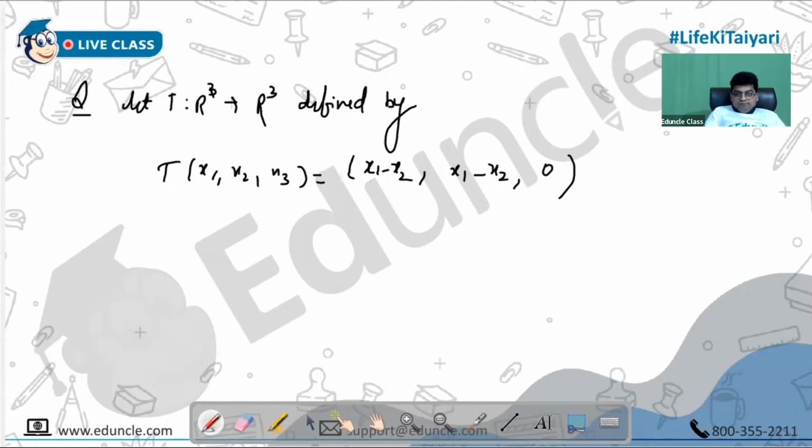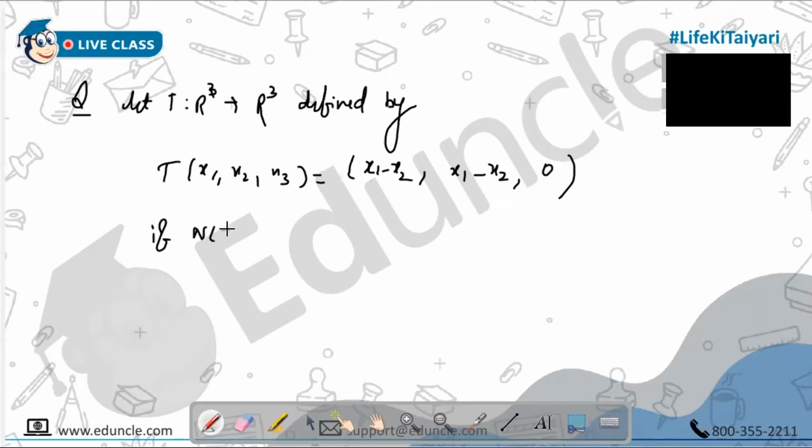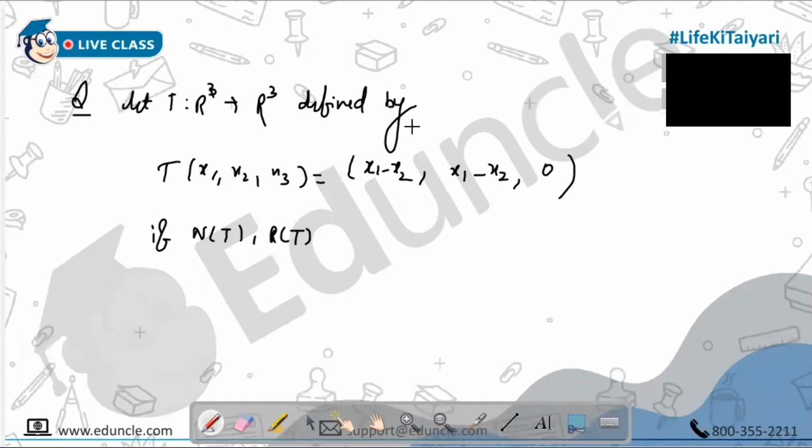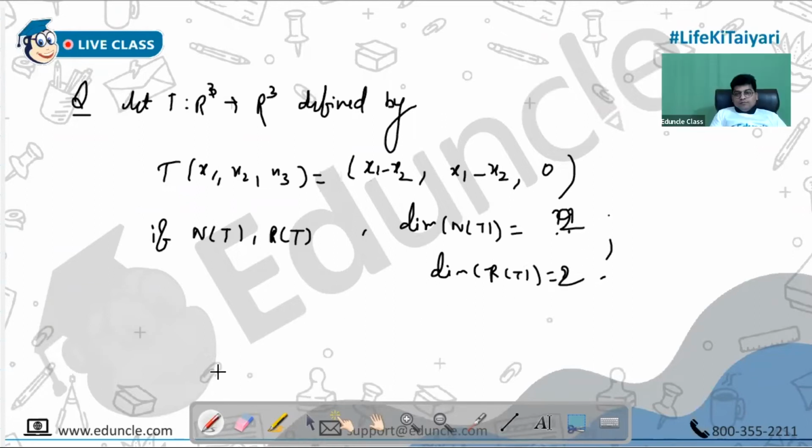If N(T) and R(T) denote the null space and range space of T respectively, then: dimension of N(T) equals 2, dimension of R(T) equals 2, R(T) equals N(T).